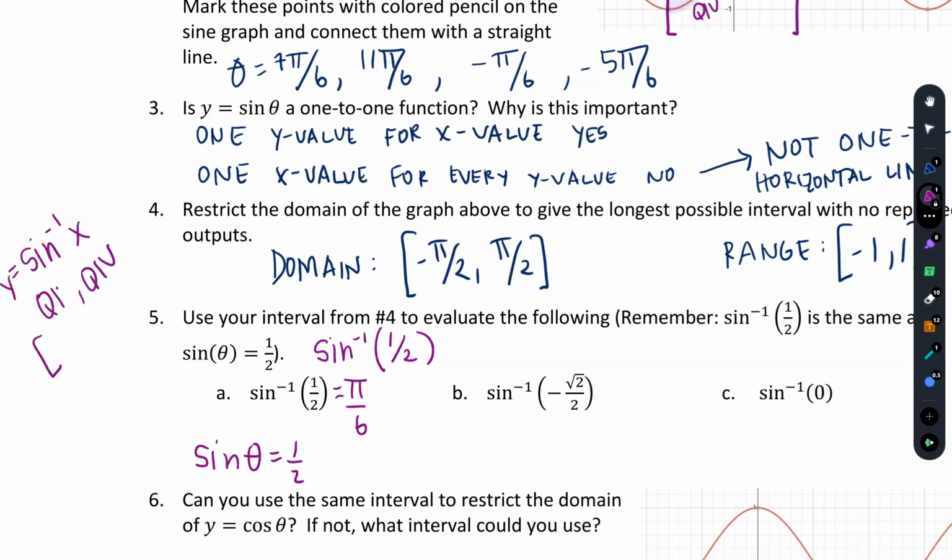All right, what about B? So inverse sine of a negative square root of 2 over 2. So where is sine of theta going to be equal to negative square root of 2 over 2? Okay, so 5 pi over 4, but instead of saying 5 pi over 4, I'm going to say what?